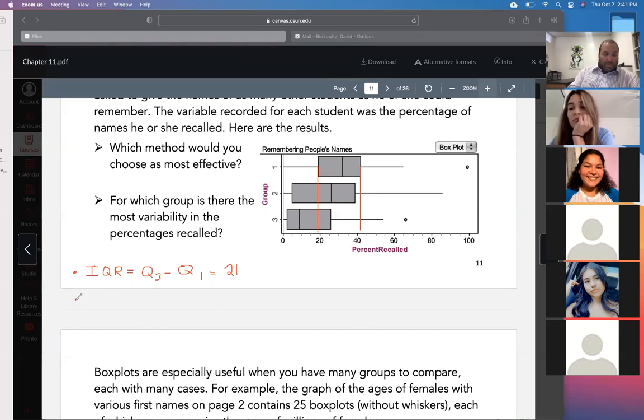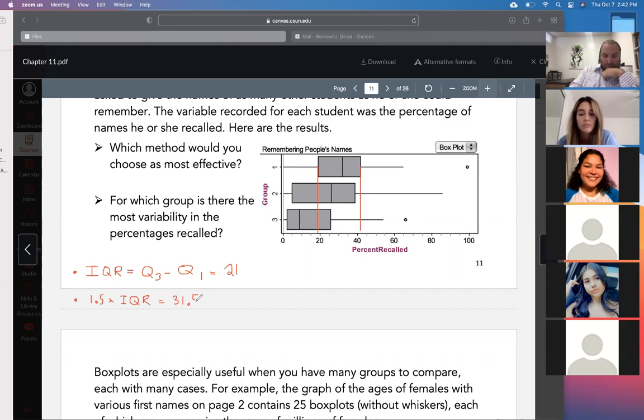Step 2. Take the IQR and multiply it by 1.5. In our case, what is 1.5 times the IQR? 31.5.